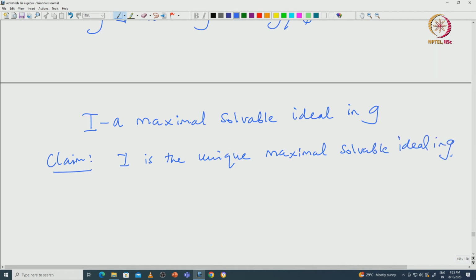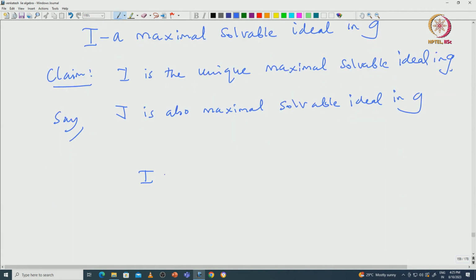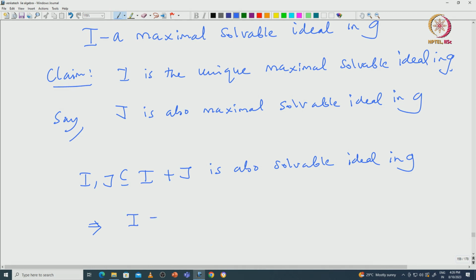in G. So, let us start with some other ideal J, let us say also a maximal solvable ideal in G. Then what happens? One can construct this I plus J. This is also a solvable ideal inside G. Now note that this contains both I and J. Since I and J both are maximal, that would imply that I equals I plus J equals J. Okay.